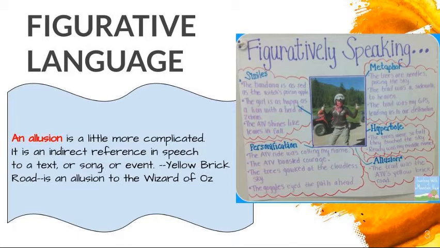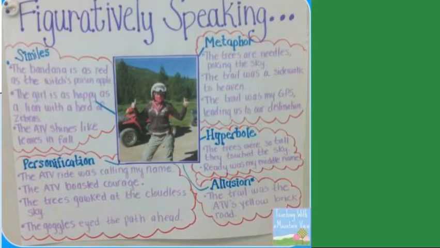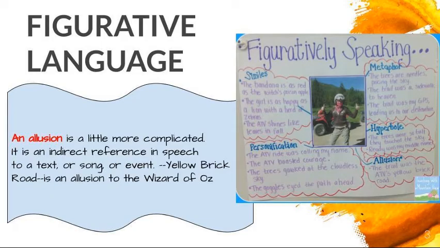So, for example, in this figure to the right, there's a photograph there of a woman with an ATV. And she wrote a bunch of different kinds of figurative language. And her allusion is the trail was the ATV's yellow brick road. When she was talking about the yellow brick road, that is an allusion to the movie The Wizard of Oz.